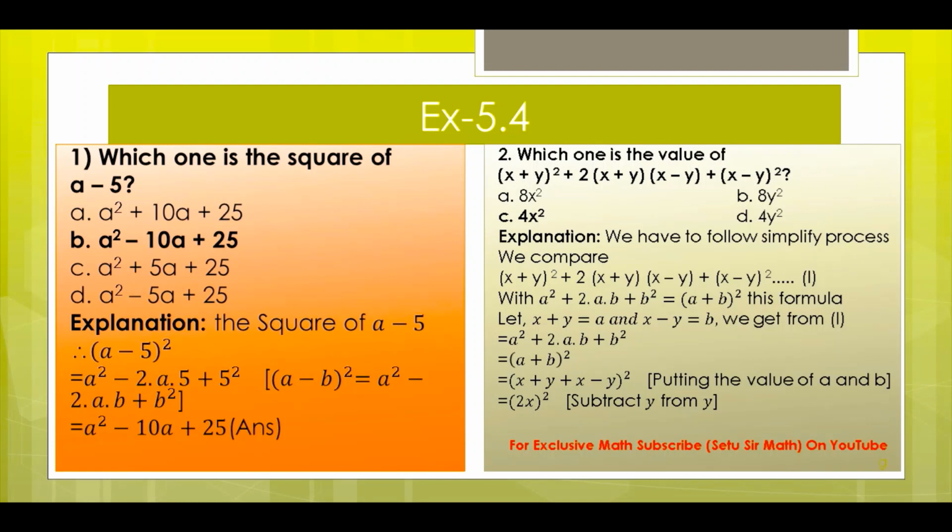Subtract y from y, and we get x and x, that is 2x, and this whole square: 2x whole square. Now 2 square, that means 4, x square, that means x square. So 4x square is our desired answer.